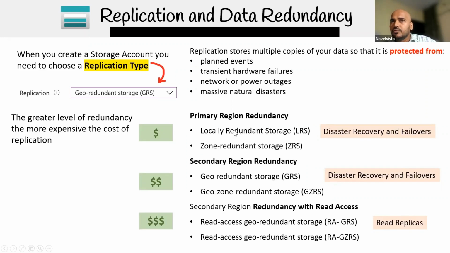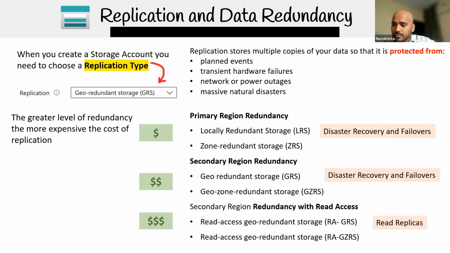If you need that data to be copied to a secondary region within the same geography, which means to West US, South Central US, West US 2, in the secondary region, you will select geo-redundant storage. What Microsoft will do, Microsoft will keep 3 copies in the same data center, which is synchronous replicated, and 3 additional copies in a different data center within the same geography, but in a different region.